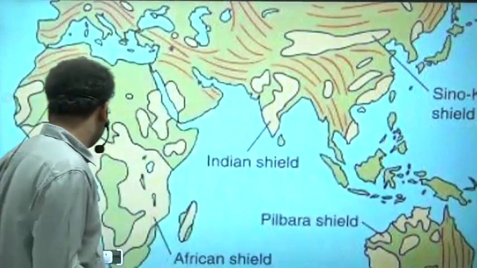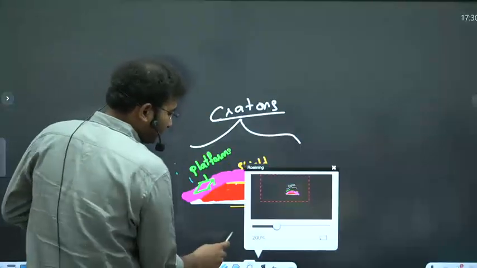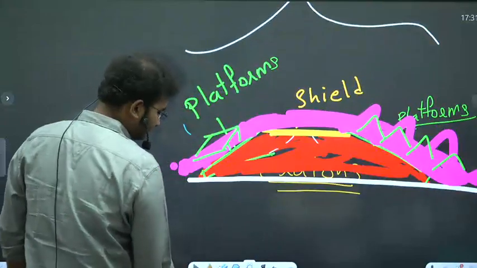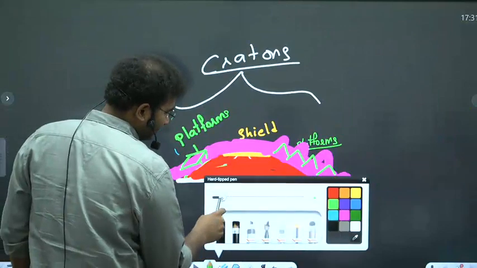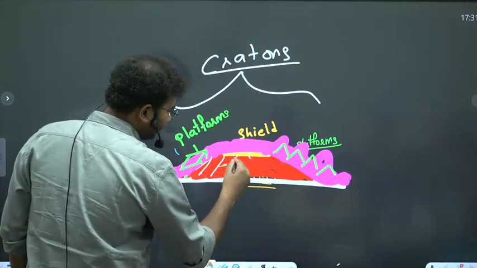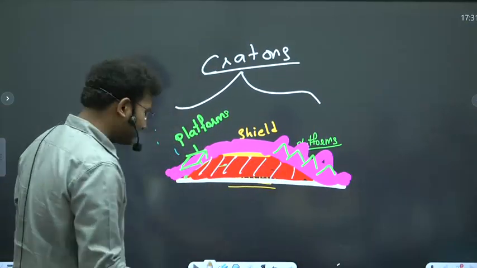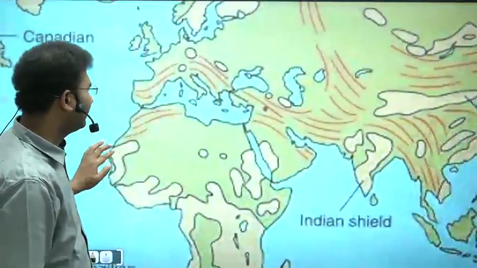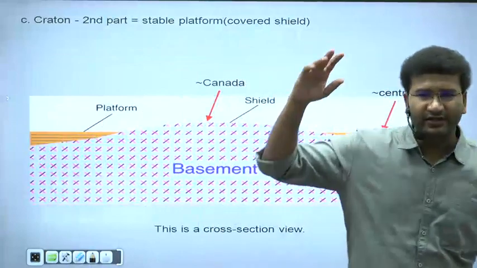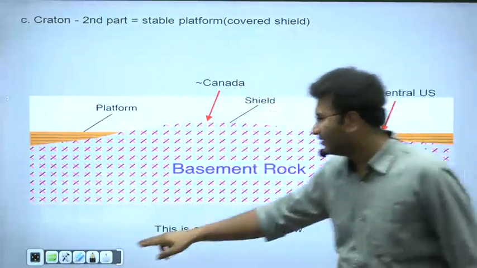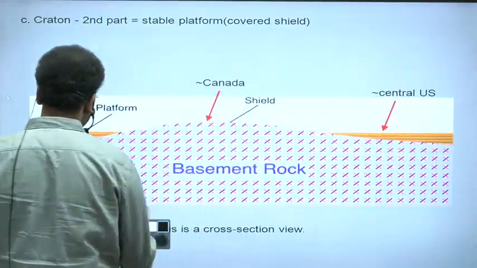What I am trying to tell you is, the basement rock is the original rock. Okay? Look here. This is the basement rock. This is the original rock. On this original rock, don't you think there could be rainfall, erosions, floods for thousands of years, lakhs of years? यहाँ पे कुछ भी लैंडफॉर्म बन सकते हैं इनके ऊपर ना.